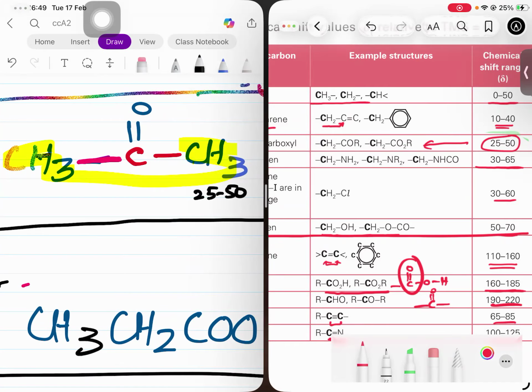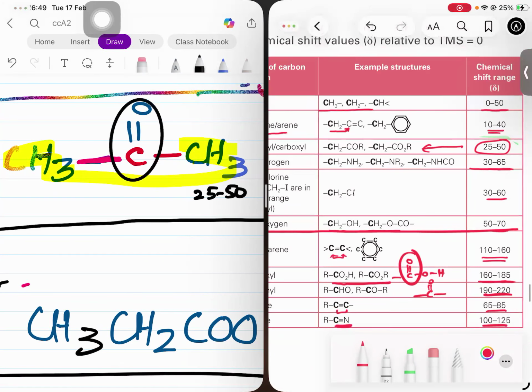And what about this C double bond O? What will its peak be? Carbonyl. Go down and see, carbonyl has a separate peak. What is the chemical shift value of the carbonyl peak? No, down there. Carbonyl, that is carboxyl. C double bond O of aldehyde and ketone is called carbonyl, and C double bond O of carboxylic acid and ester is called carboxyl. There is a carboxyl and there is a carbonyl.